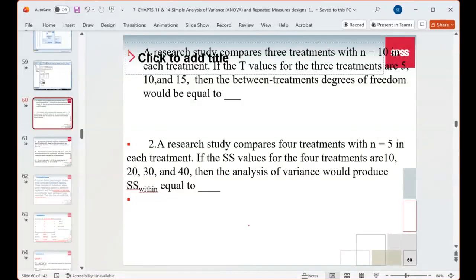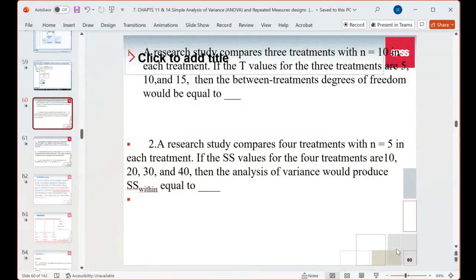Research study for treatment, that is k equals 4, with n equals 5. So 5 times 4 is 20. Capital N, total participants, is 20. SS values for the 4 treatments are given. Then, what is the variance? The analysis of variance would produce SS within. We want to know what SS within is.